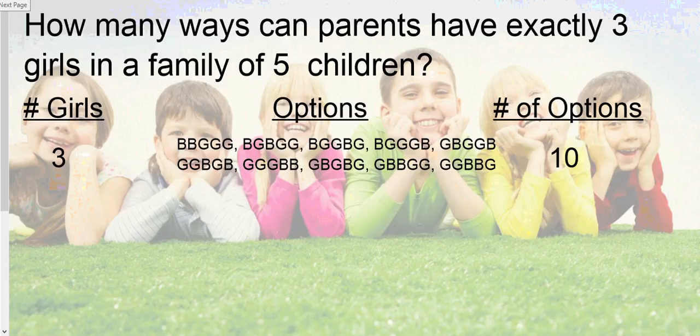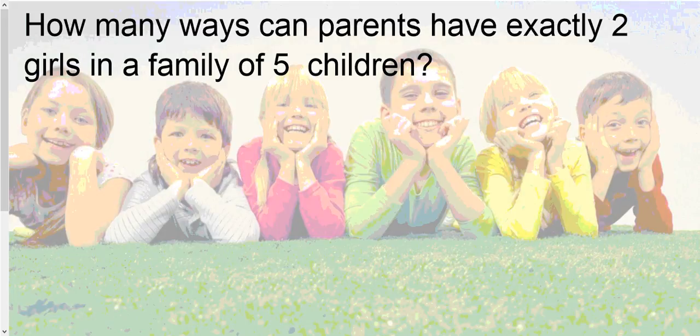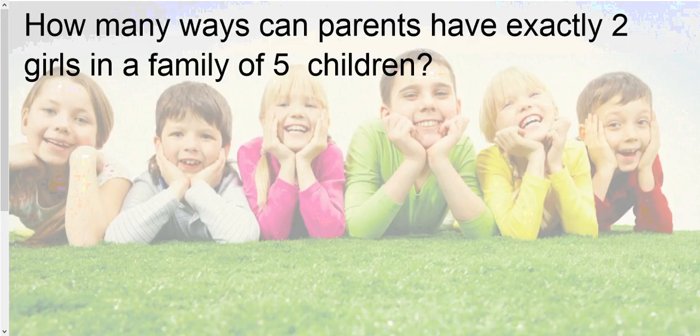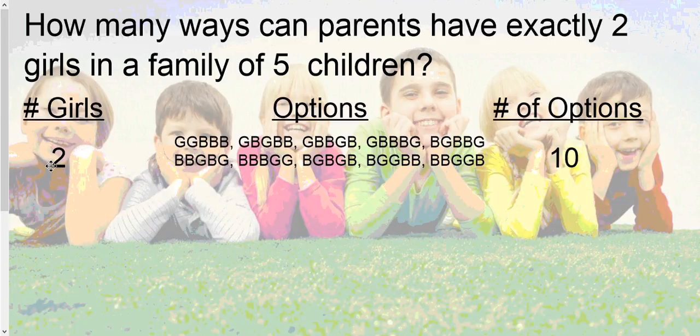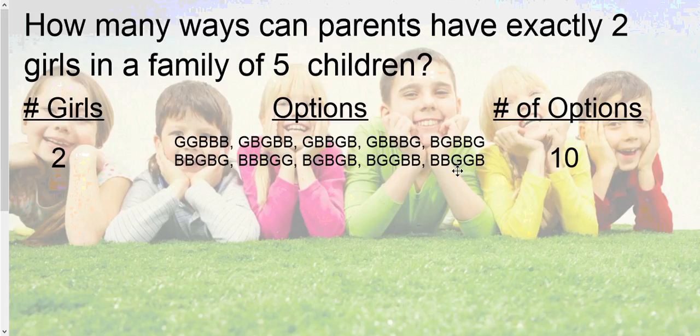So at this point, you should be able to go ahead and figure out exactly how many ways you can get two girls from a family of five children. So feel free to go ahead and do that by pausing the video if you want to here. Now, if we do that for two girls, we also get 10 options, which hopefully makes sense, because when we were looking at the three girls, that meant we had two boys and three girls.